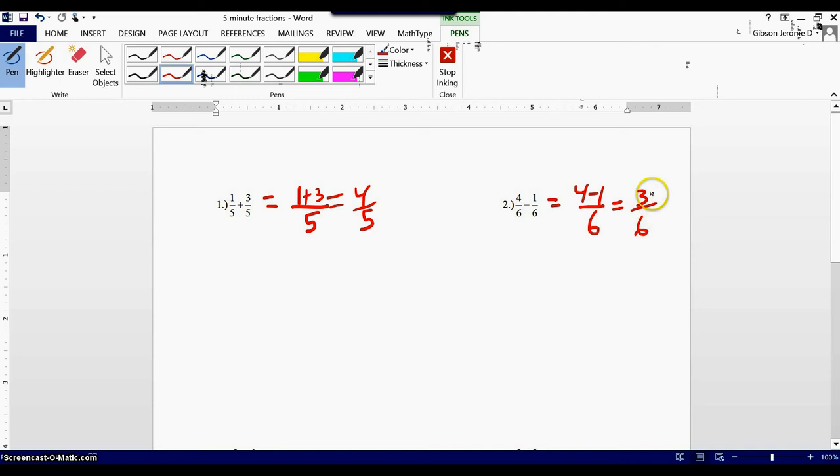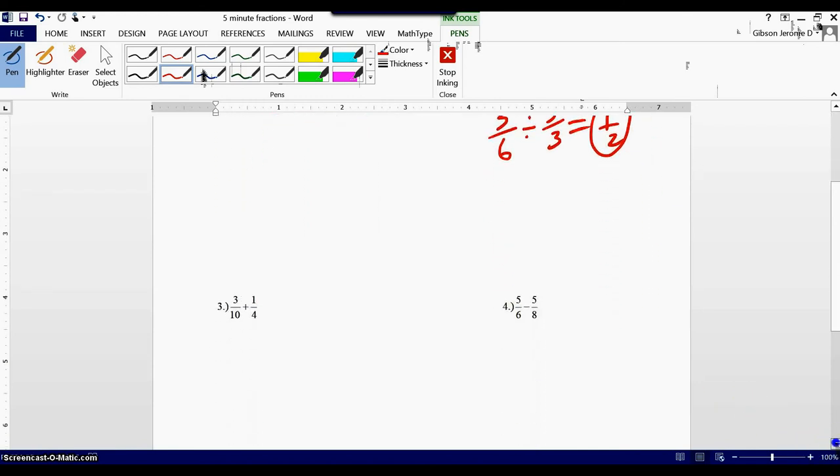Next, we look for 5. Both of these do not end in 0 or 5, so we cannot divide by 5. So now we take 3. We know 3 goes into 3 and 3 goes into 6. So we would divide both of these by 3, and that would give us 1/2. And that is our final answer.